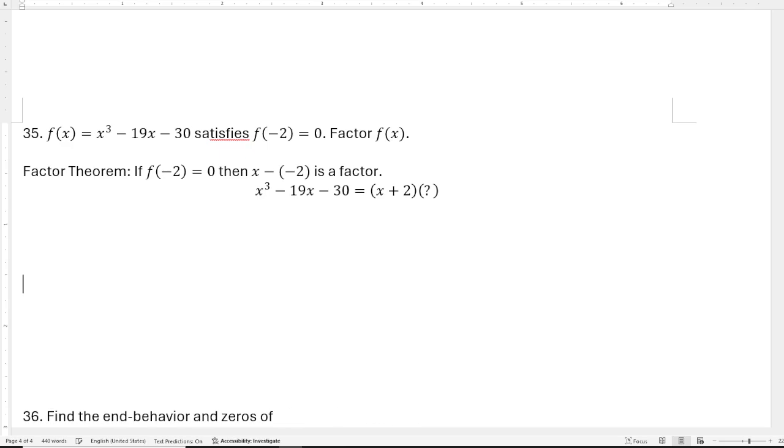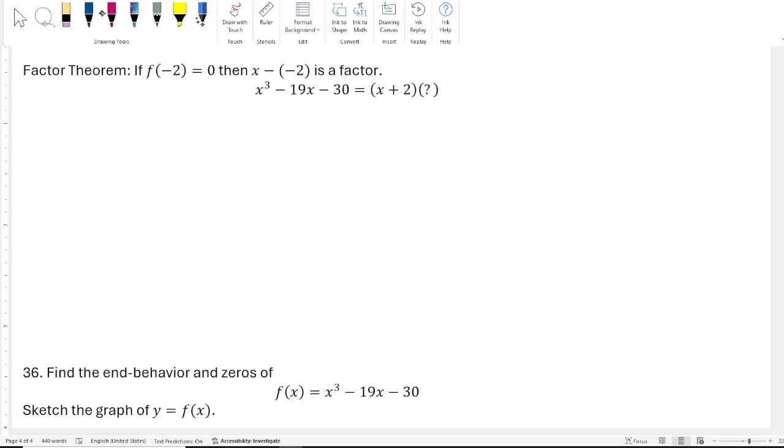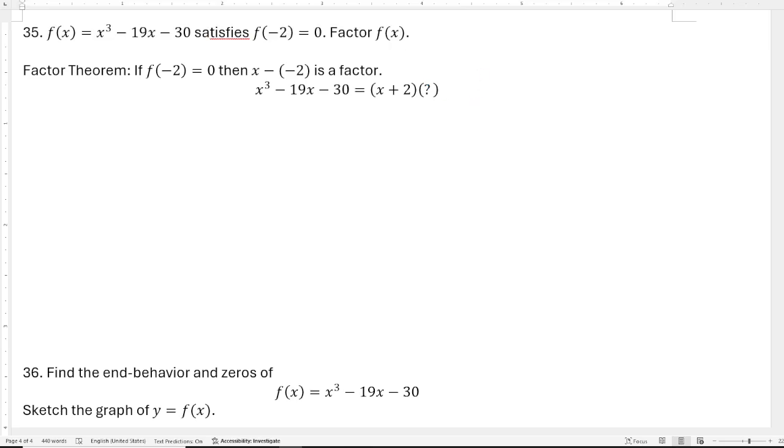Okay. Now, how do we figure out that other polynomial? Well, for that one, we will need to use a long division. So let's just do the long division. So the long division is, you write down x cubed minus 19x minus 30. And if you just write it like this, you're going to make a mistake.